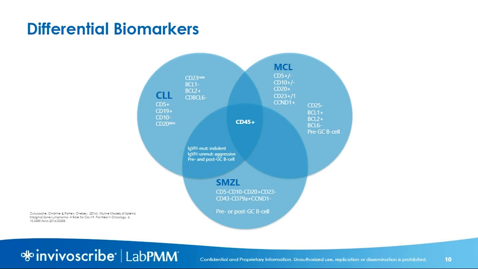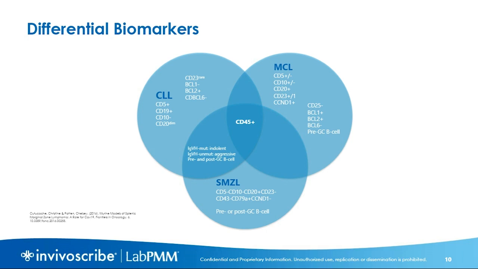So this is a helpful pictorial representation of the differential diagnosis of a B cell population being evaluated by flow cytometry. CLL is a CD5 positive B cell leukemia lymphoma that shows typically, again, dimmer expression of the B cell markers, but they are typically expressed. Whereas mantle cell lymphoma is another CD5 positive lymphoma showing brighter expression of B cell markers.